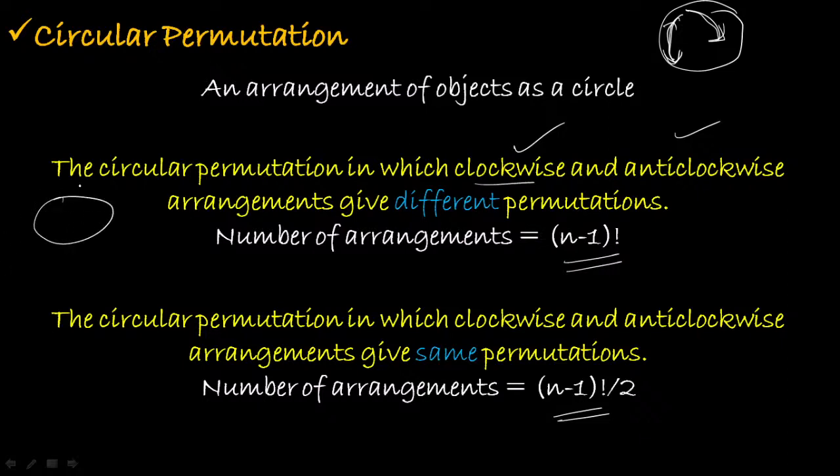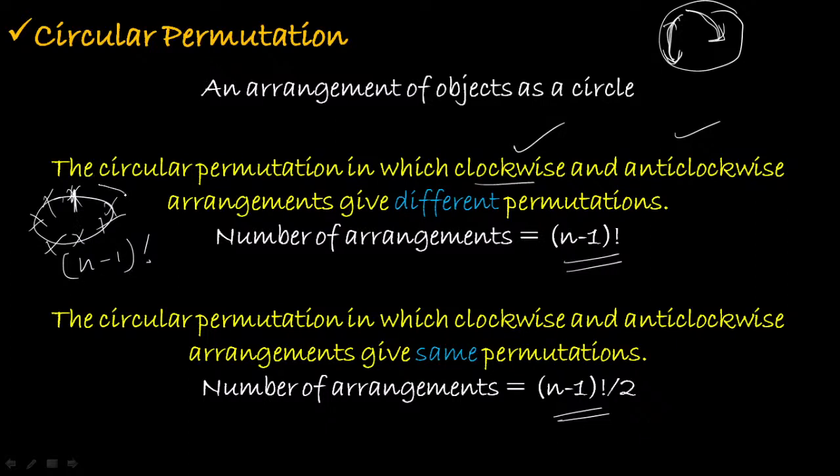The number of ways in which n persons can be seated around a table is n minus 1 factorial ways. If you take this as a starting point, the number of different possible ways of arranging the persons sitting around a table is n minus 1 factorial.